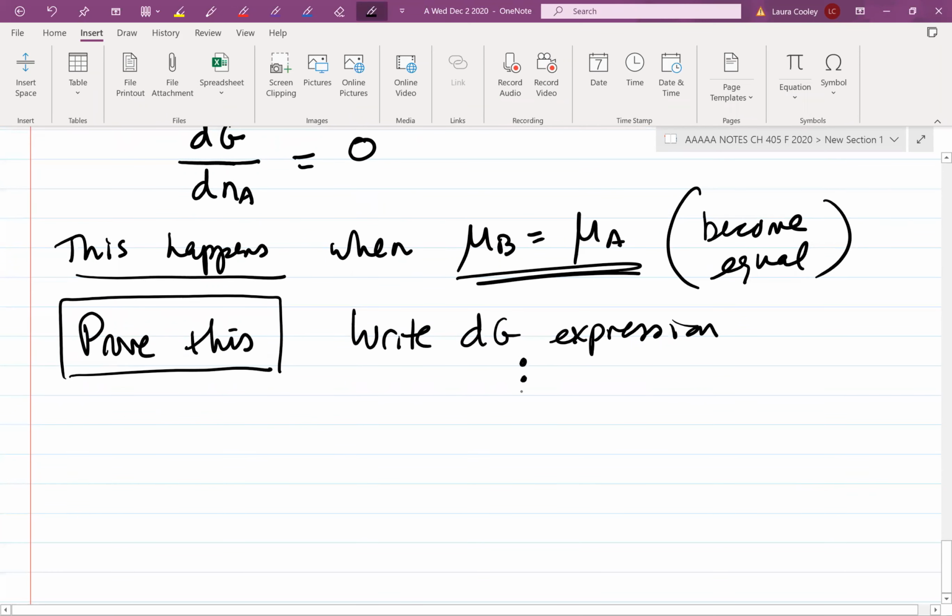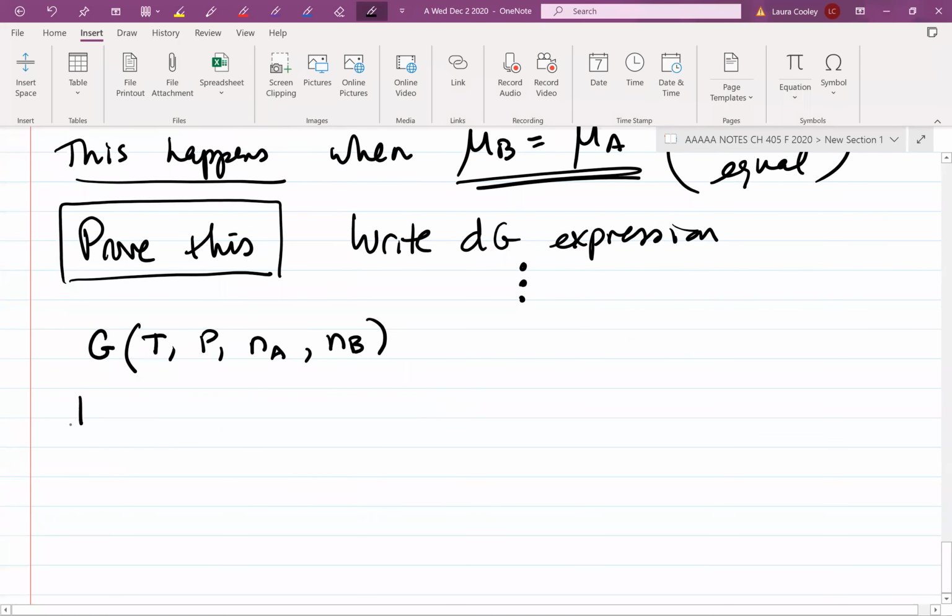I'm going to start by saying that the Gibbs function is a function of temperature, pressure, and in this case only two other things are important: the moles of the reactants and the moles of the product. So it depends on 4 variables in this situation.